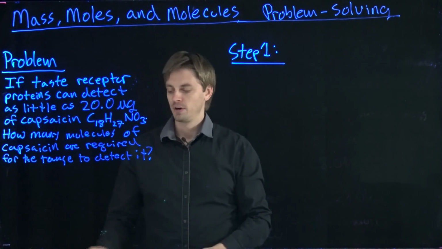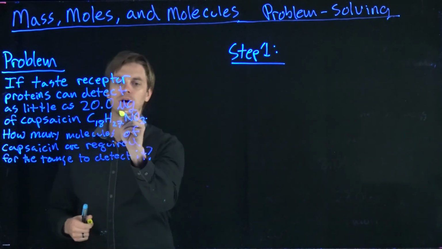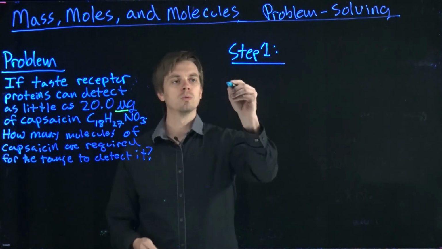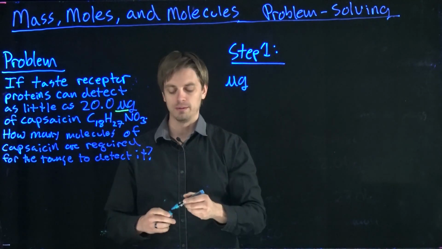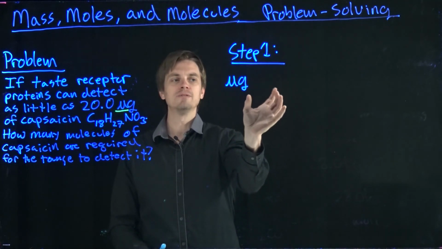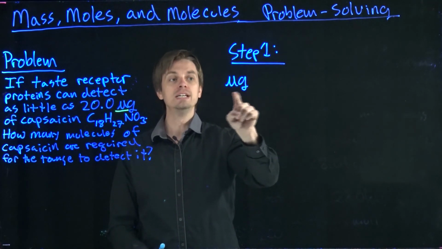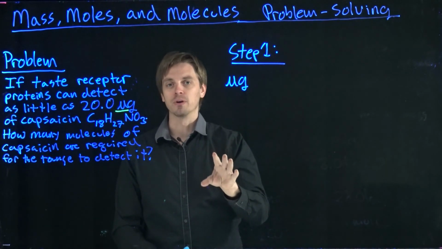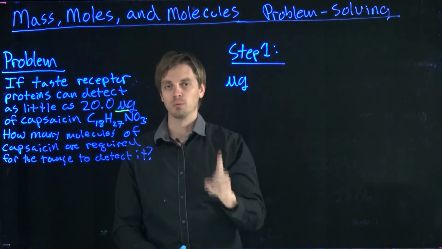So starting off, we have a given quantity in micrograms. Now we need to ask the question, do any of our conversion factors deal with microgram quantities? Well, our molar mass, remember, is given to us in grams per mole.